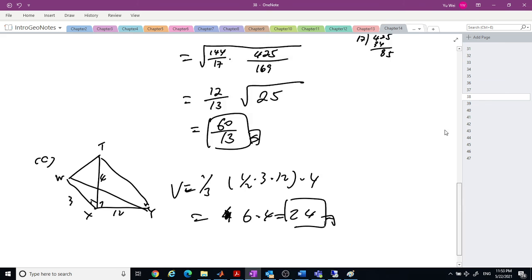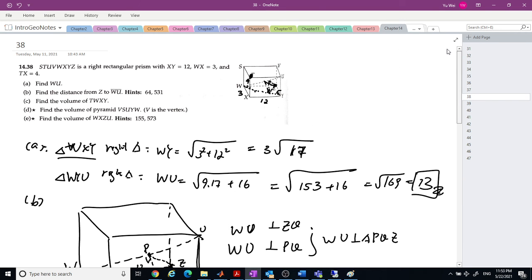Okay, then what's next is to find the volume of the pyramid VSUYW. Okay, now let's see the pyramid VSUYW.